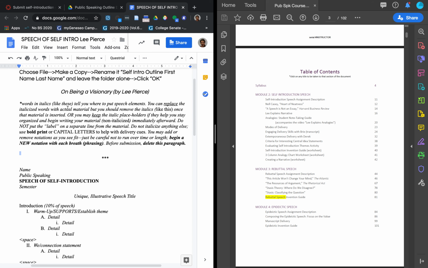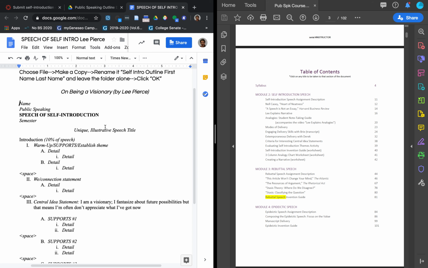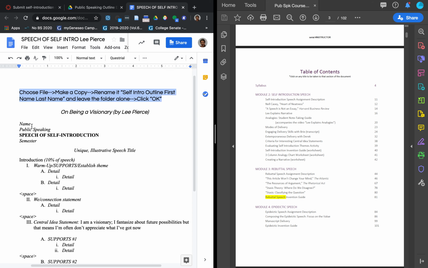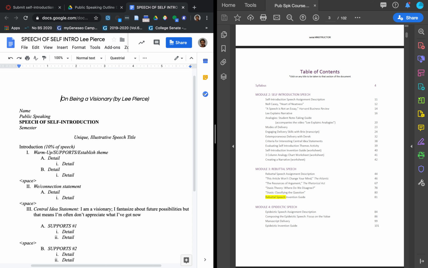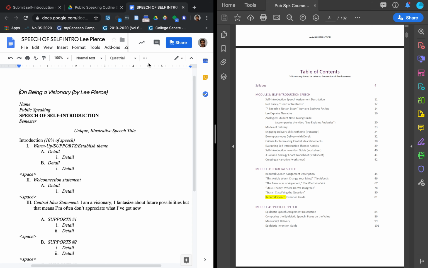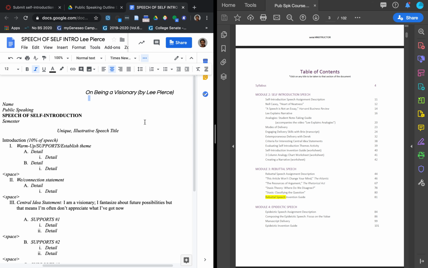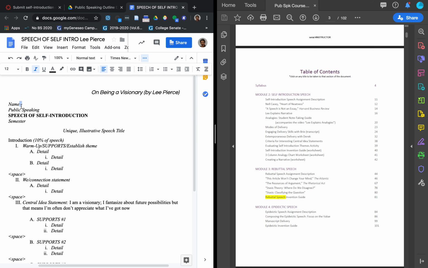I'm going to delete all this. This is the instructions, so you can read those later, but I'm going to take all this out, just because I'm a little bit anal retentive and I like to make things pretty. Okay, nice. So here we have On Being a Visionary, and my name. This other stuff is just to make sure that I know what I'm looking at: Intersession.